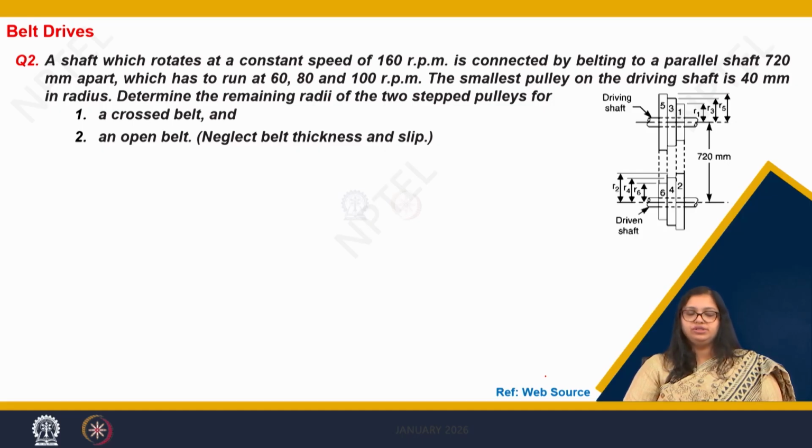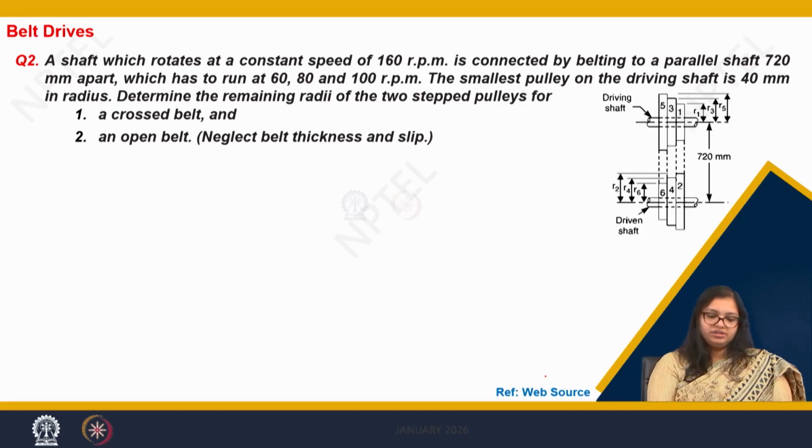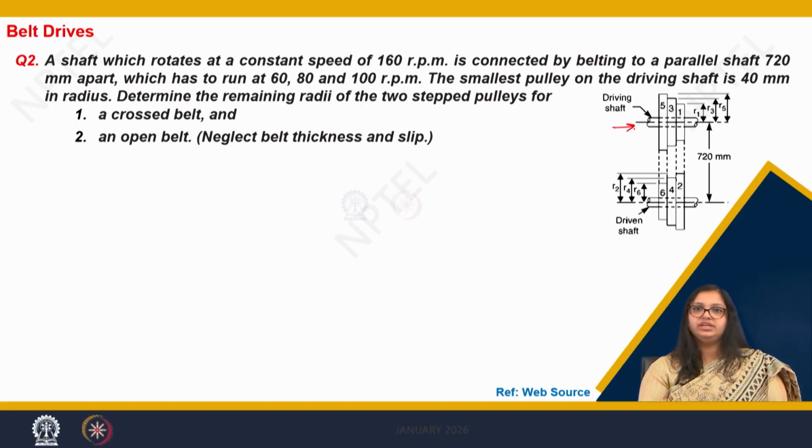So now coming to the question, it tells a shaft which rotates at a constant speed of 160 RPM, is connected by belting to a parallel shaft which is 720 mm apart.